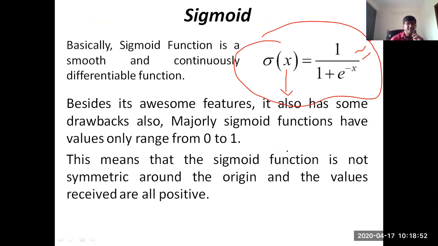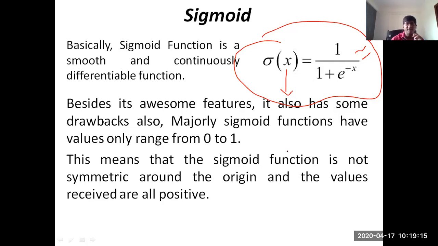Now, besides being a very commonly used function, it also has a drawback. Sigmoid functions have a range of values from 0 to 1. This also means that the sigmoid function is not symmetric around the origin, and the values received are all positive.